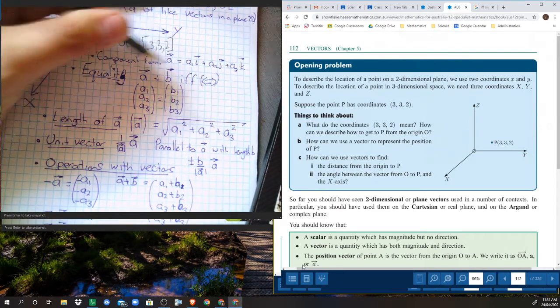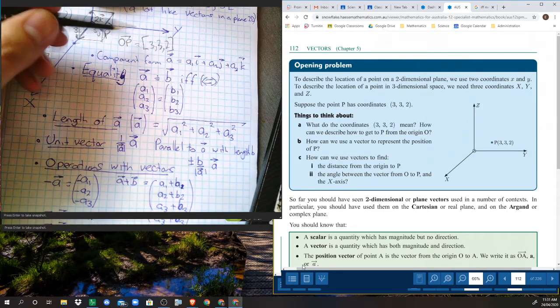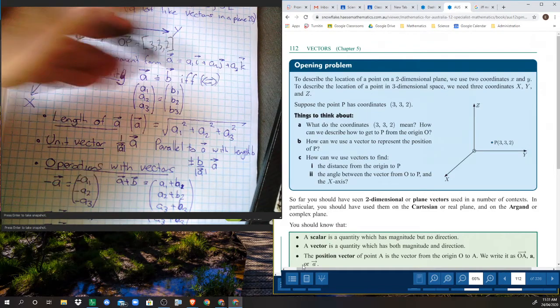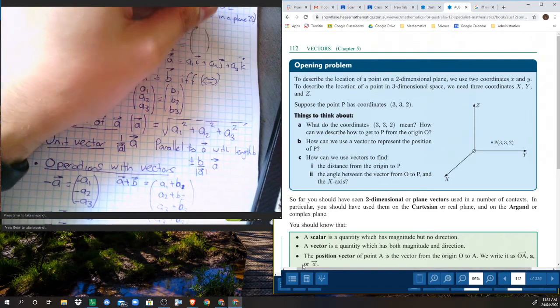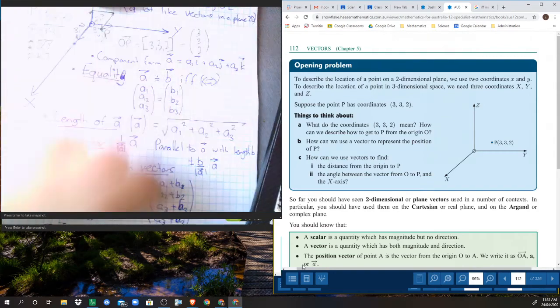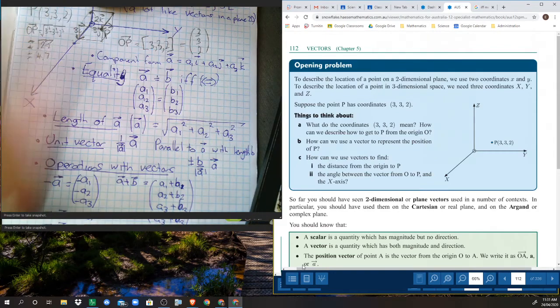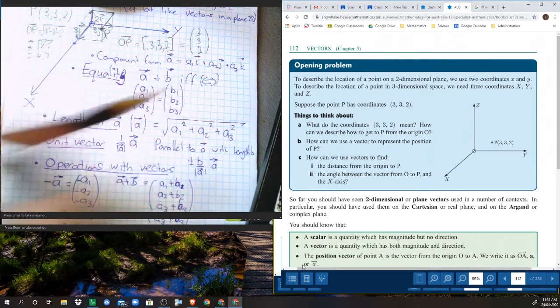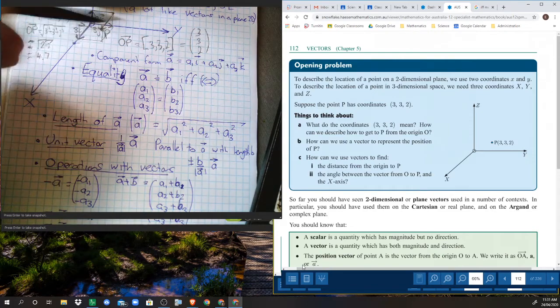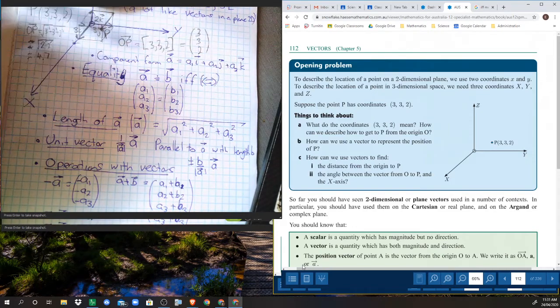I never see that in these textbooks. The old textbooks used to have them. I never see that anymore. So what they prefer now is something like this, where you write the numbers vertically, 3, 3, 2 with round parentheses. I think it has to do with it being the vector notation, but I don't see why necessarily they have to use this.